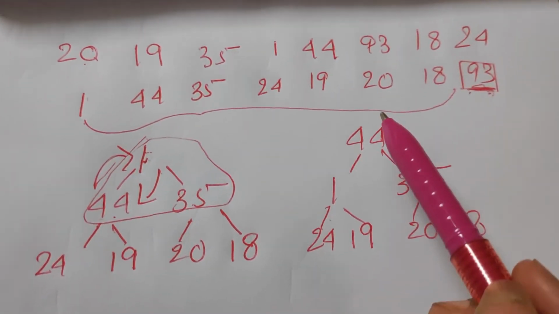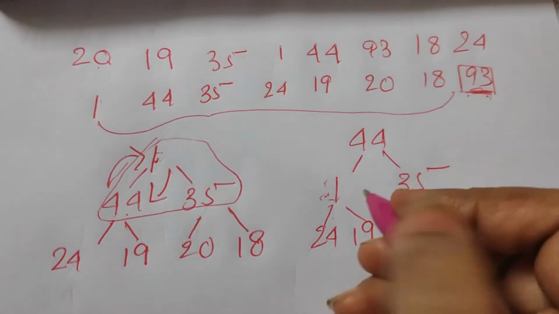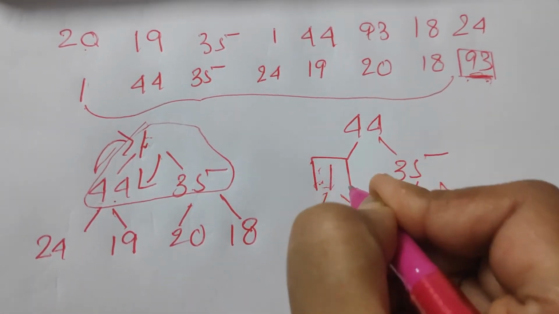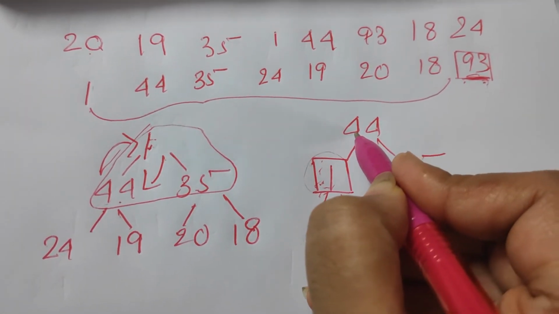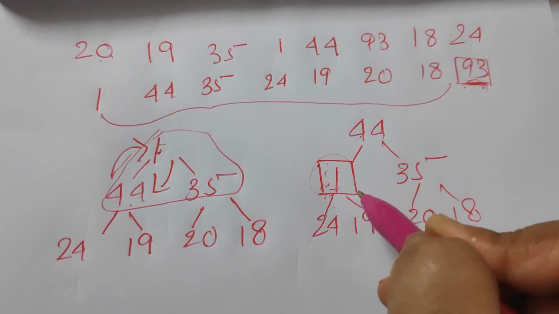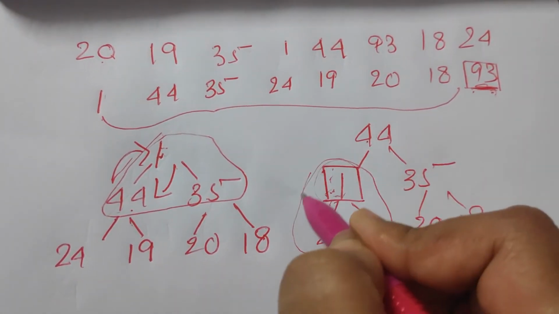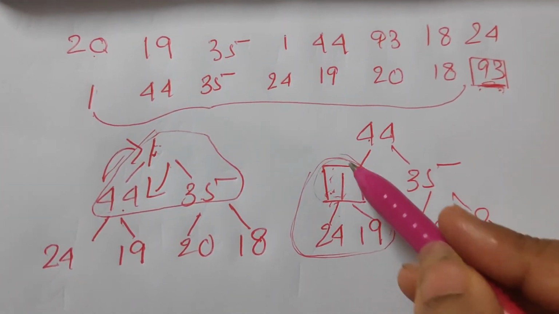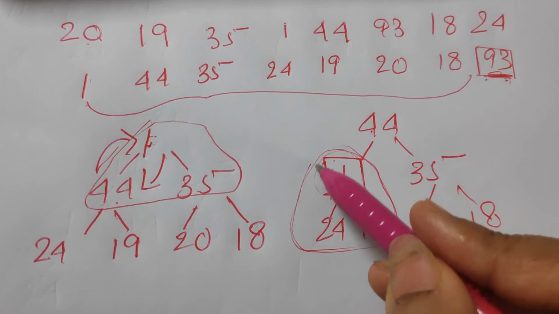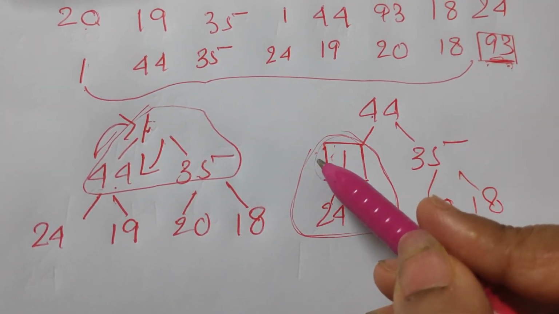Now since 1 and 44 got replaced, that means the node at this point got replaced with its parent. So we will find whether this is creating a max heap. But again we find that over here it is violating the concept of max heap.